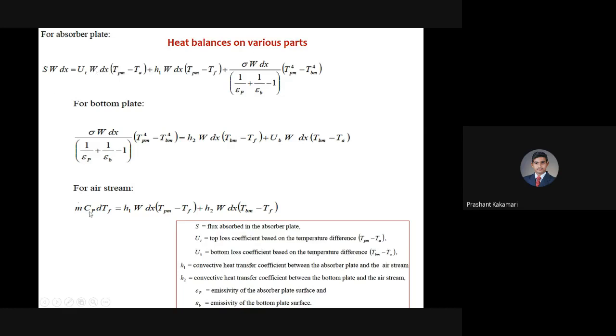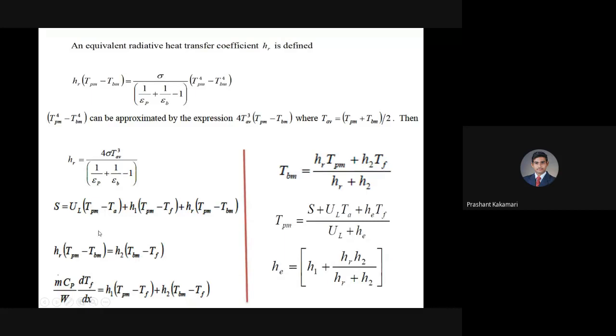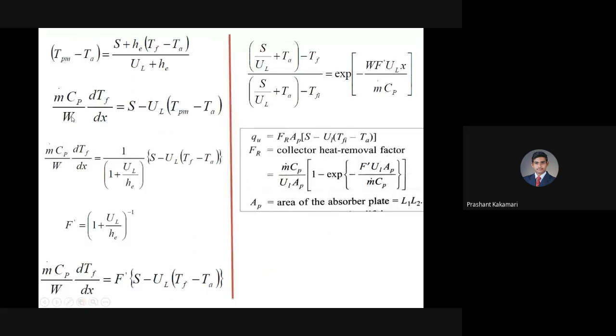From this equation you can see MCP dT, W dx is common for this air stream on the left side, whatever heat is lost from the area of the heat transfer surface. So this common W dx term is taken in the denominator. For that air stream, I am taking MCP by W, dTF by dx.